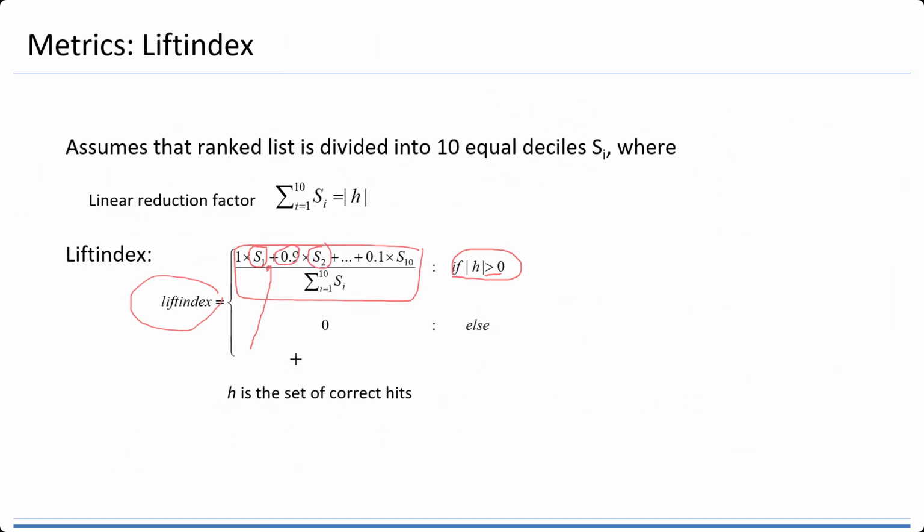S2 means the position in the decile 2, and so on. If the position is in decile 10, then it will give you a very low value or low weight. And then we will divide by the total summation of the deciles. Okay, so H is the set of correct hits.